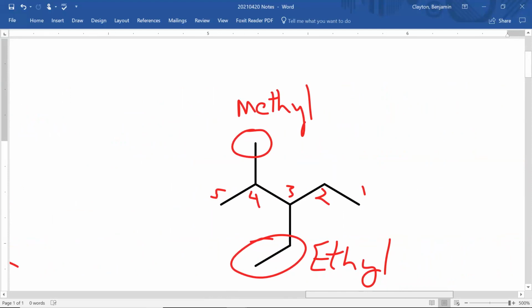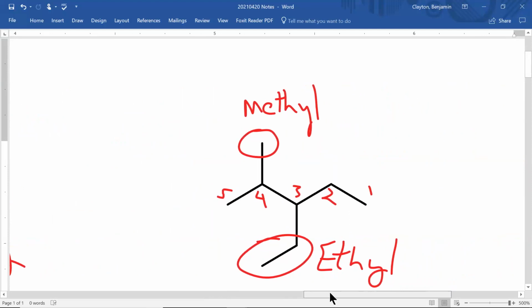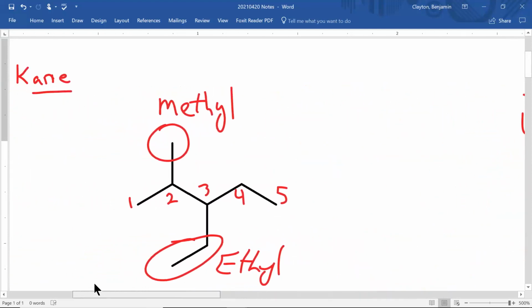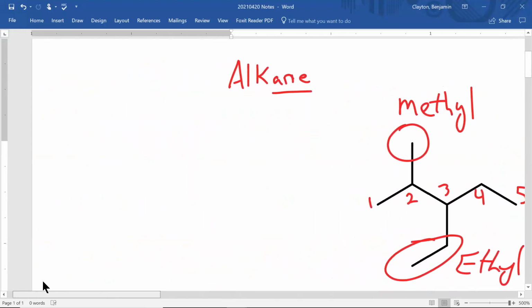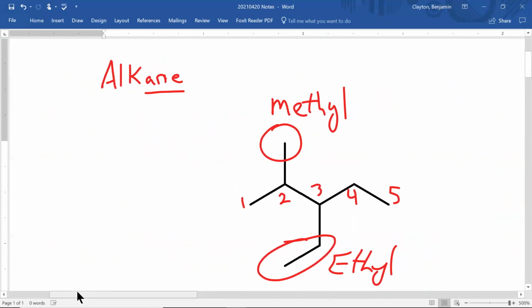Let's look at these other 2 then. If we have a numbering system here from 1 to 5, where the methyl group has a 2 and the ethyl group has a 3.